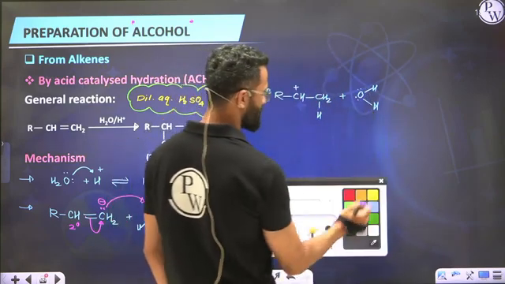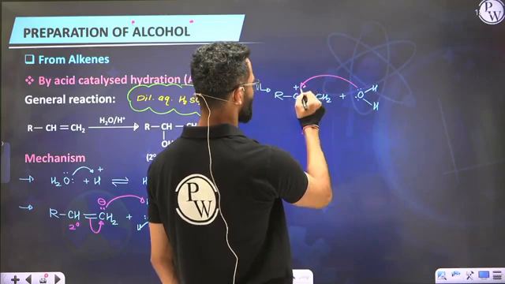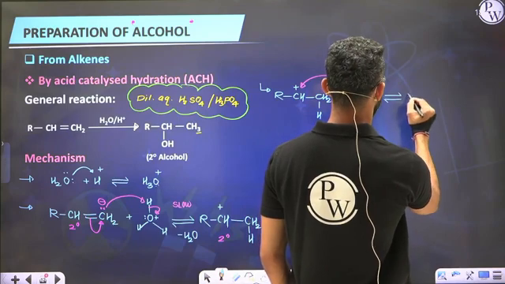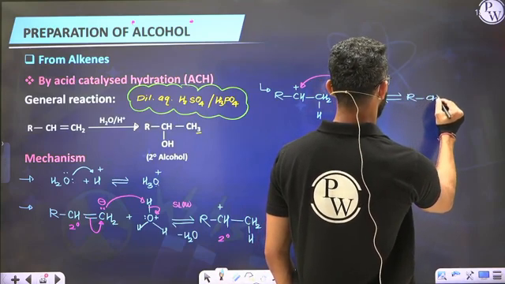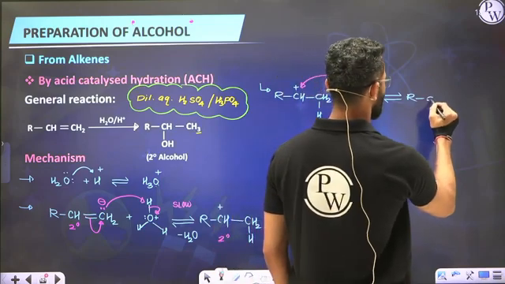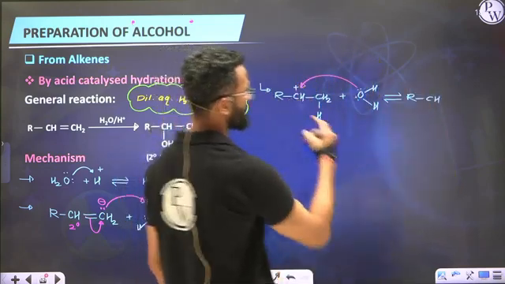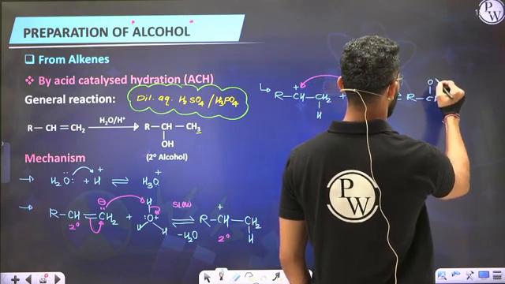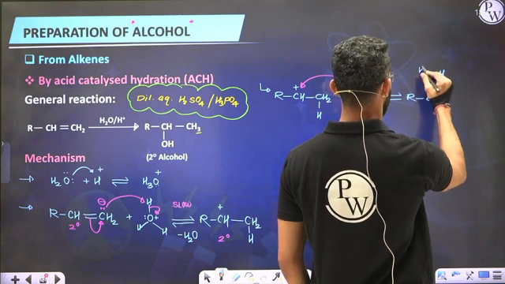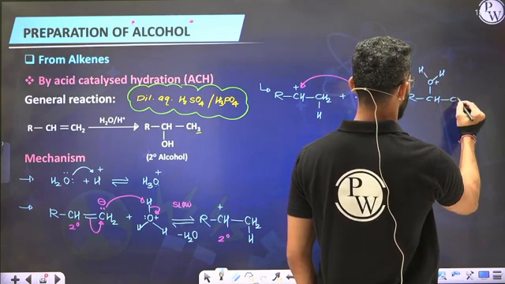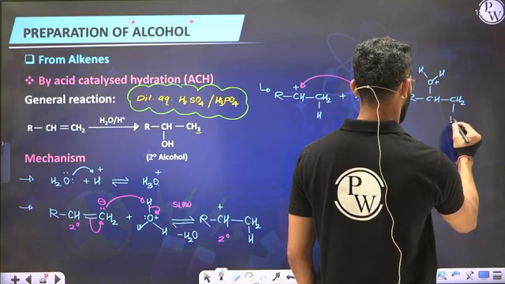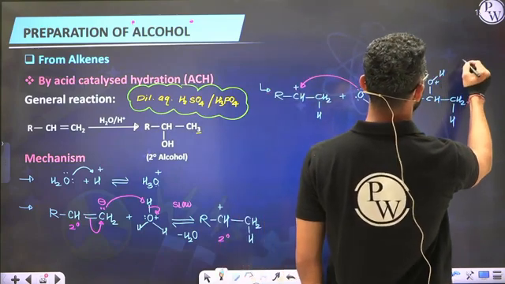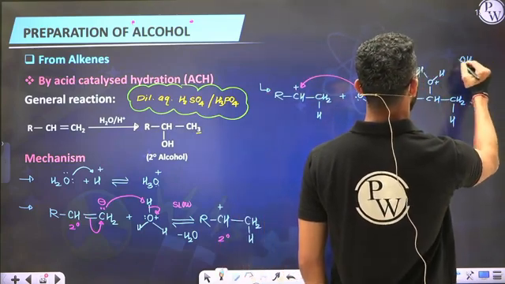You can see here, water through its lone pair attacked at the carbocation, resulting in the formation of RCH carrying OH2 plus, CH2H, and now this OH2 plus will undergo deprotonation with another water molecule.